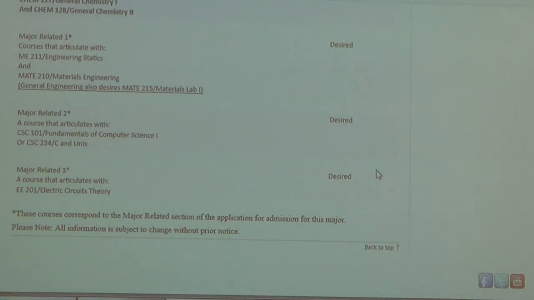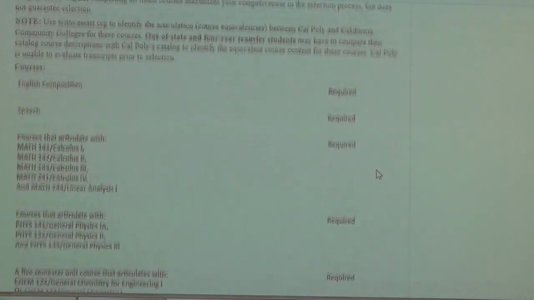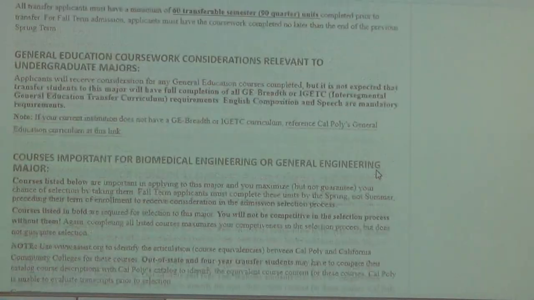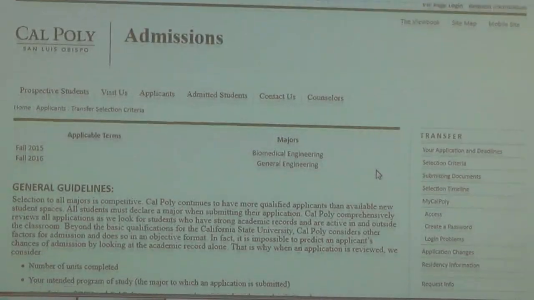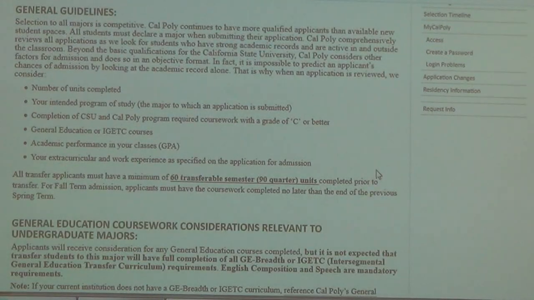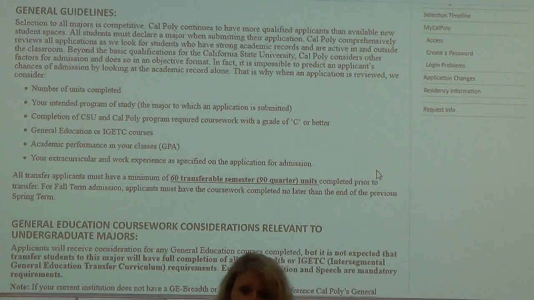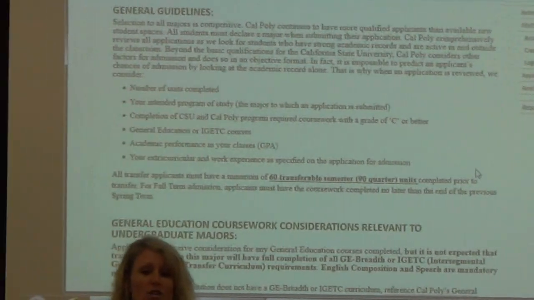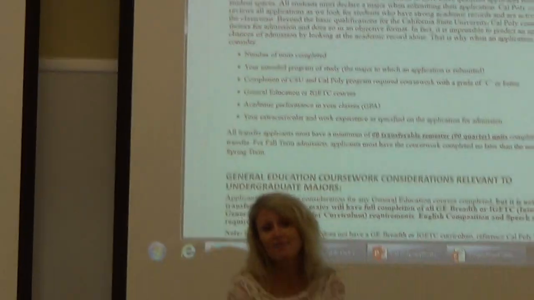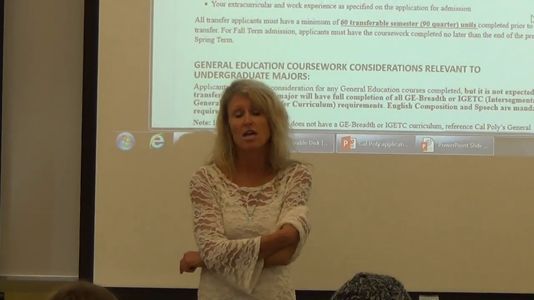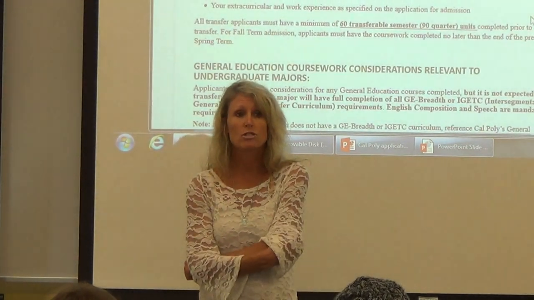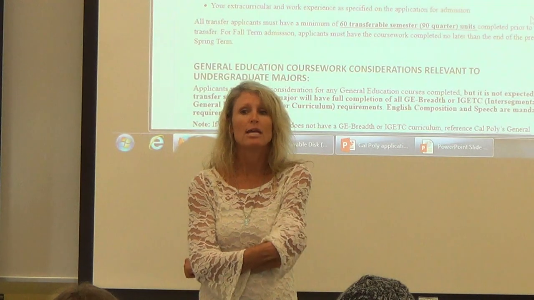So you're right in that they're not screening for any of those bio classes in the admissions process. But what that would mean is if you don't do them here, you do them there, because ASSIST is what you need for graduation. So you have to get them done before you can get your bachelor's degree. But those courses would not be looked at for admissions.